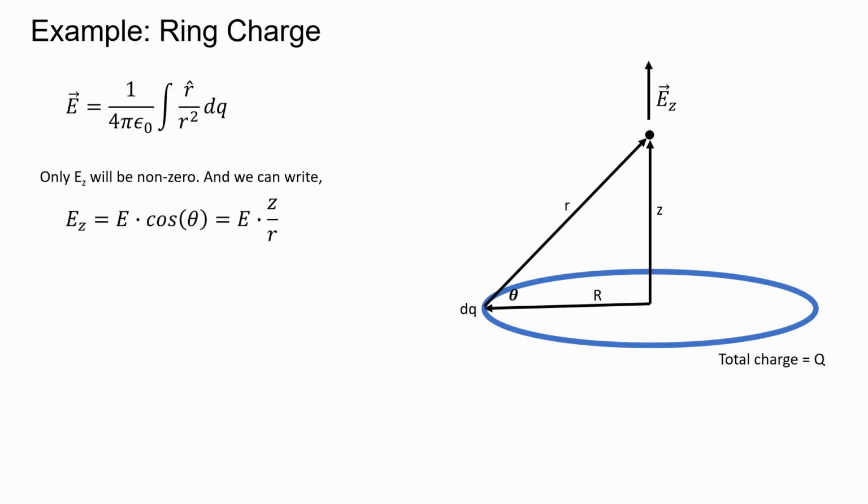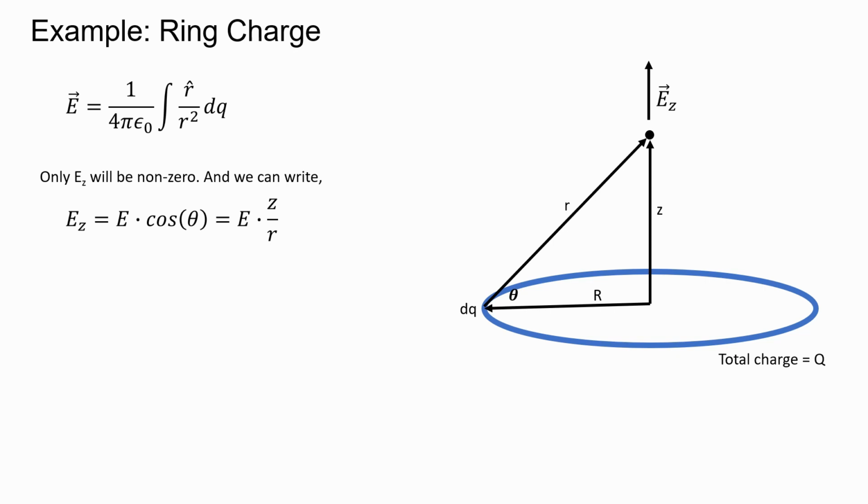So now we can jump into the mathematics. So electric field for a continuous charge is given by the equation 1 over 4 pi epsilon naught times the integral of the radial unit vector, so the unit vector pointing from dq to the point where we're evaluating our electric field, divided by the distance between these 2 points squared, and then integrated over all charge.